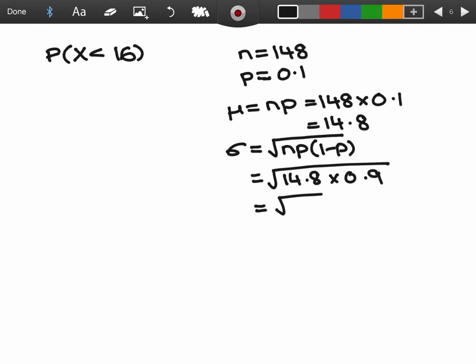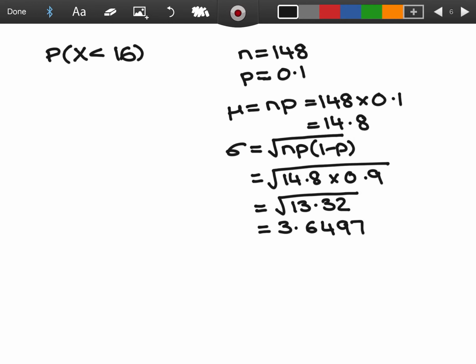So that comes out to the square root of 13.32. If we figure out the square root of 13.32, I'll go to about 4 decimal places, we get 3.6497. So we have a mean and we have a standard deviation.